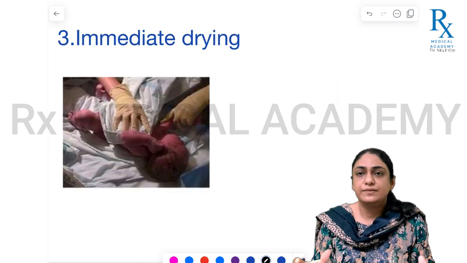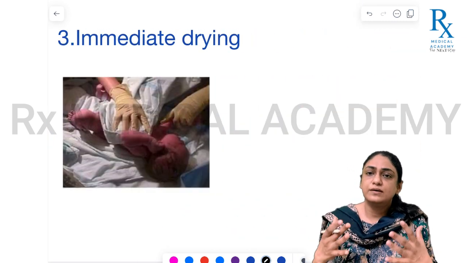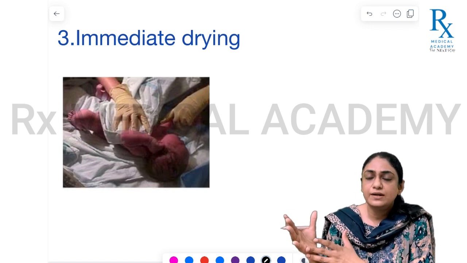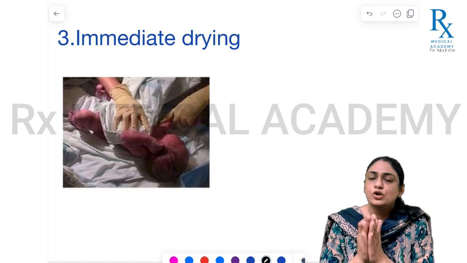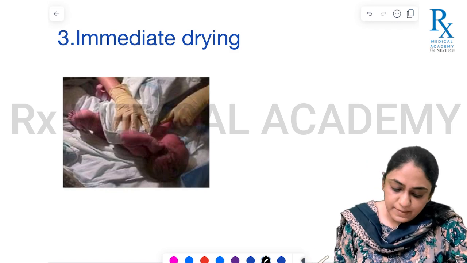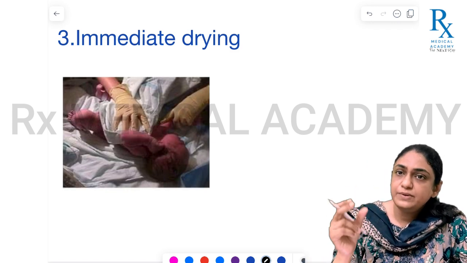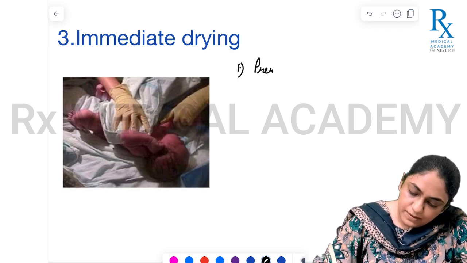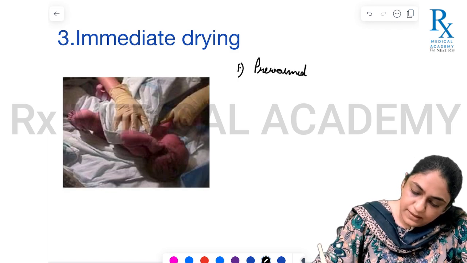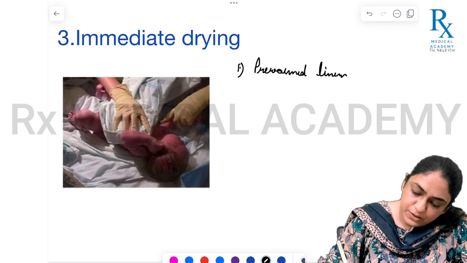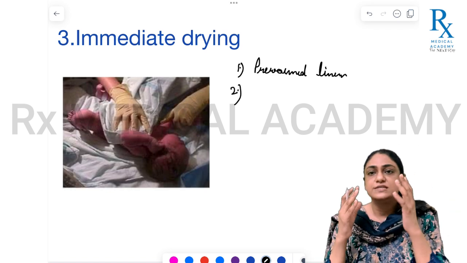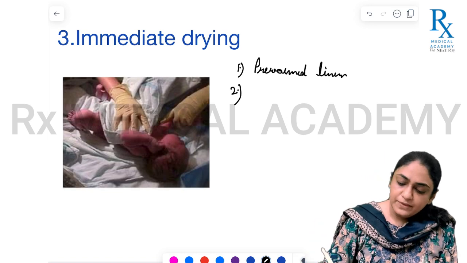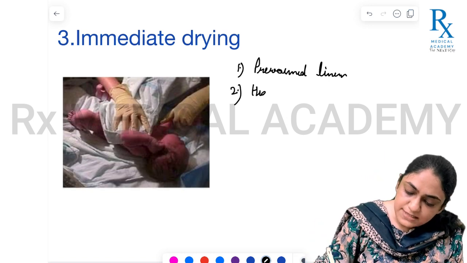Coming to drying. Whether you take the baby on the mother's abdomen or to the resuscitation corner, next is drying. We dry the baby with a pre-warmed linen or sheet. Second, whenever we start drying the baby, we always start from the head to the whole body. Why is this important?